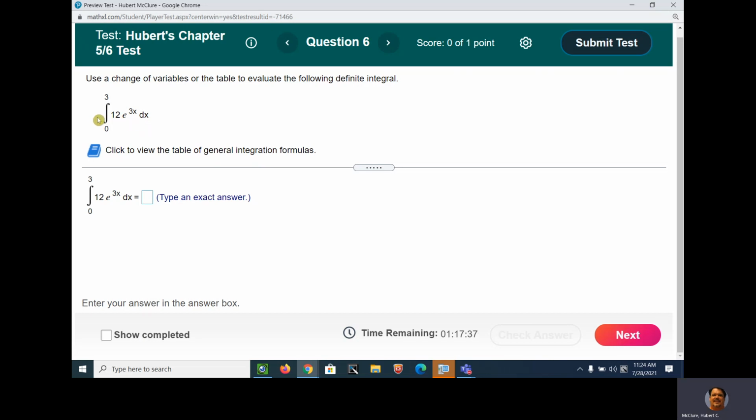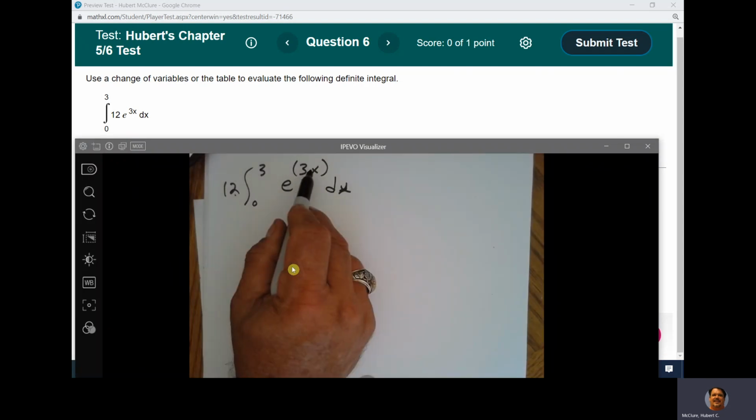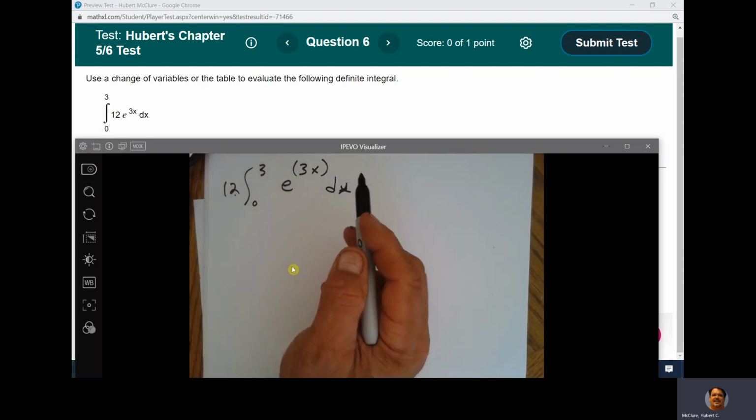So pull that 12 out, the antiderivative of e to the 3x. I'll go ahead and start it off for you. I'm not going to do the math, but the antiderivative from 0 to 3 of 12 e to the 3x dx. And I'm putting the parentheses around there to make sure you remember, but you got to take the antiderivative according to that 3x.